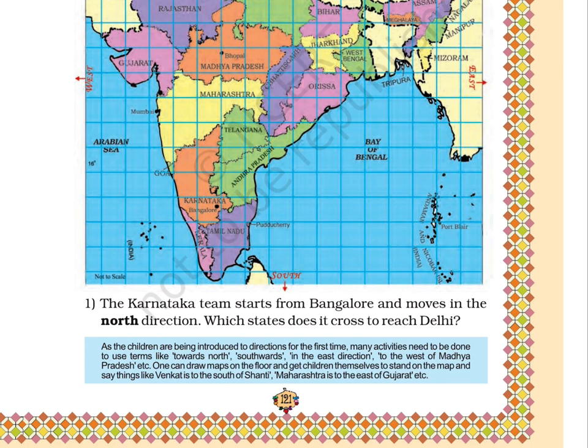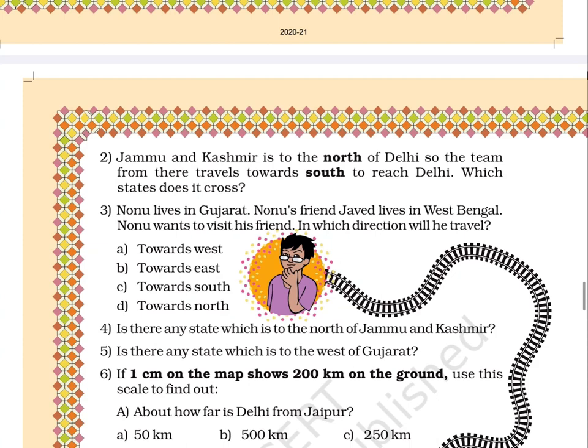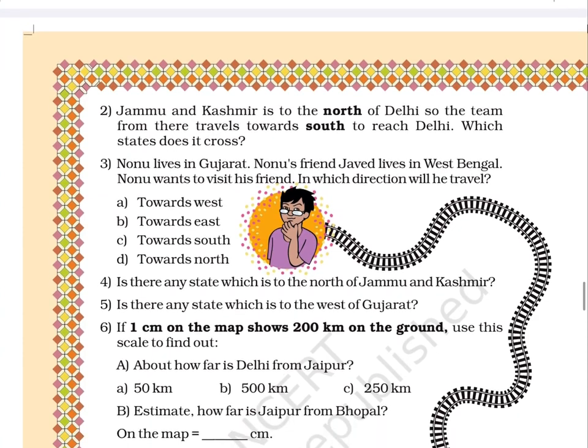Page 122. 2. Jammu and Kashmir is to the north of Delhi, so the team from there travels towards south to reach Delhi. Which states does it cross? 3. Nonu lives in Gujarat. Nonu's friend Javed lives in West Bengal. Nonu wants to visit his friend.